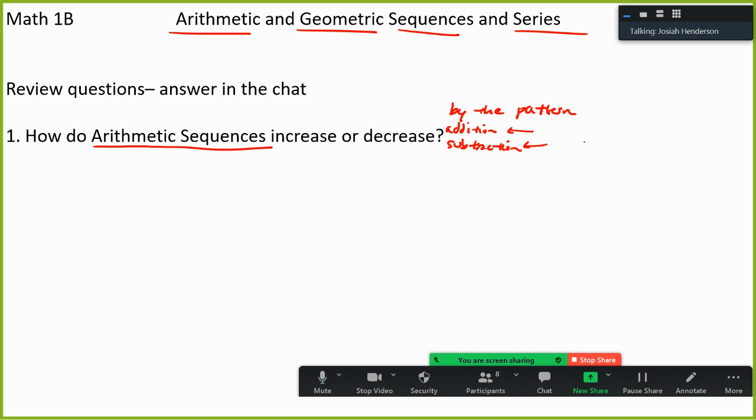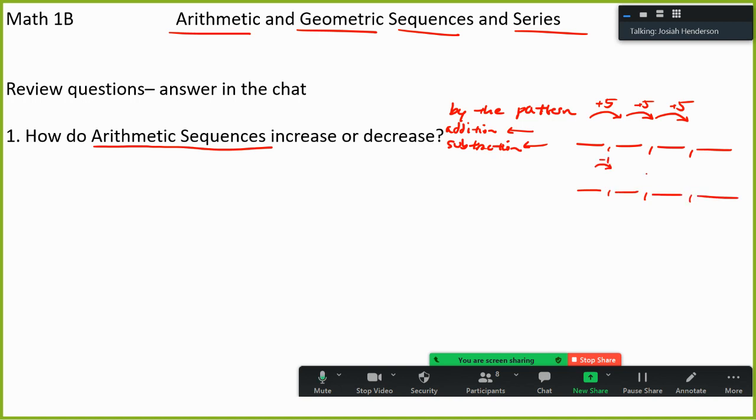So if it keeps going up, I'm not going to even make up a number example, but if we've got our sequence listed here and we see that it's going up 5 and then plus 5 and then plus 5, we are adding 5 each time. So that means it's an arithmetic sequence. Likewise, it could be going down a number each time too, and that's okay. That just means it's decreasing.